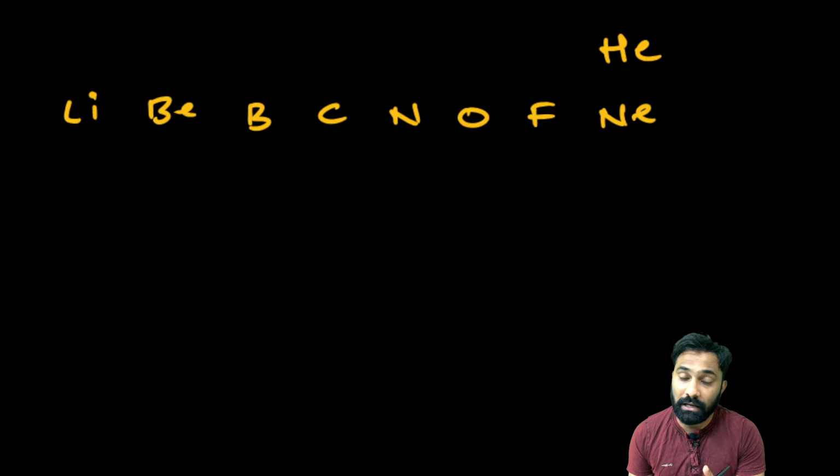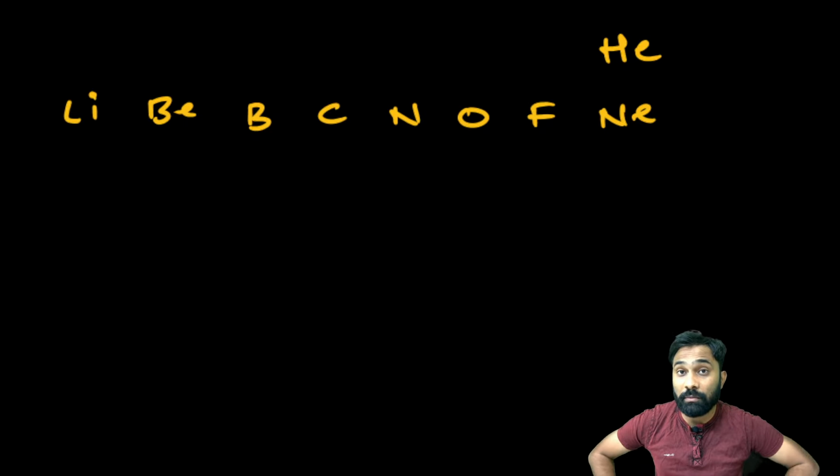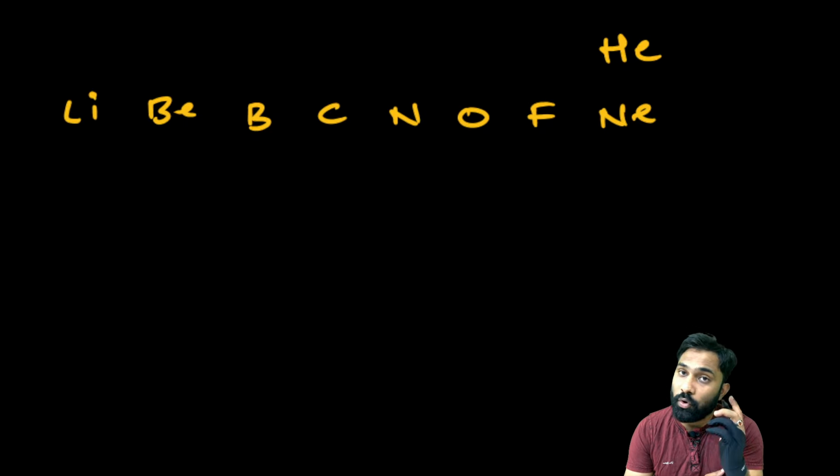Now, in chemical bonding we have studied, for any compound to form a bond, only its valency electrons will participate in the bond formation, either by loss of electron, gain of electron, or sharing of electron. That we have studied very well in chemical bonding. How the bonds are forming? Clear? Only the valency electrons will take part in the bond formation.